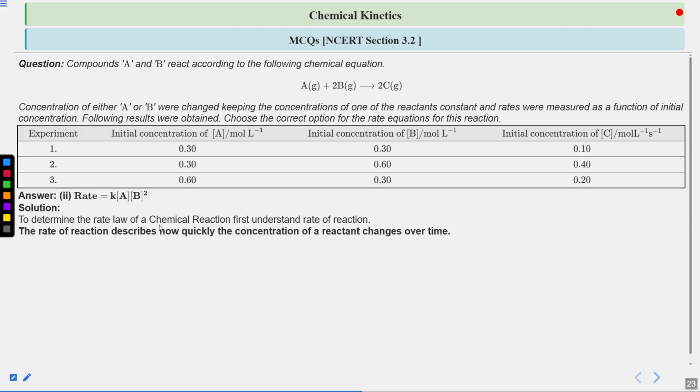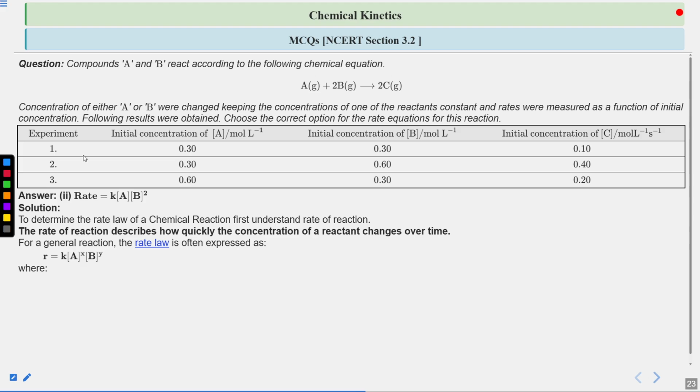Rate of reaction describes how quickly the concentration of reactant changes over time. For a general reaction, the rate law is often expressed as rate equals k, concentration of first reactant to the power x, concentration of second reactant to the power y, where x and y may or may not be equal to the stoichiometric coefficients of the respective reactants.